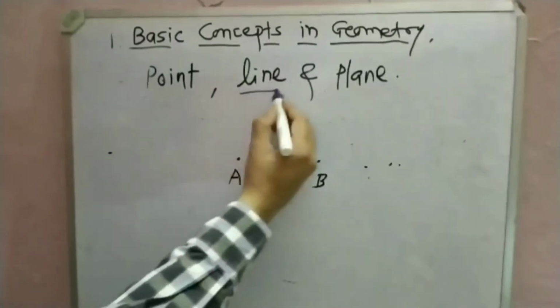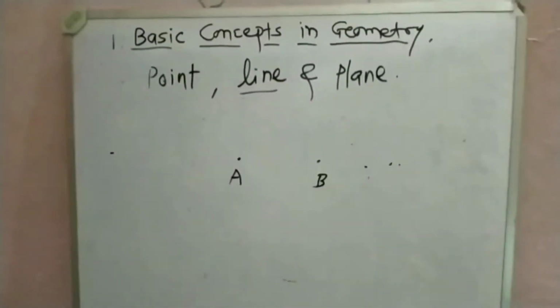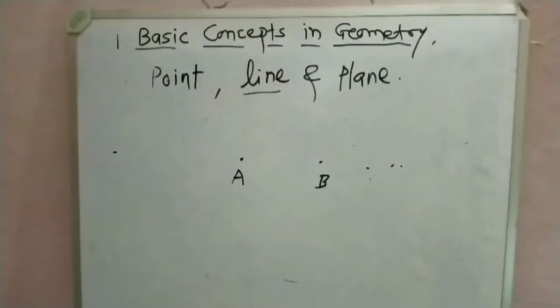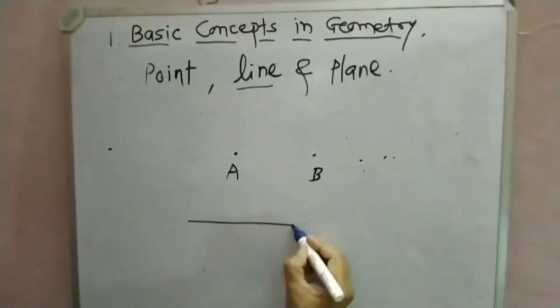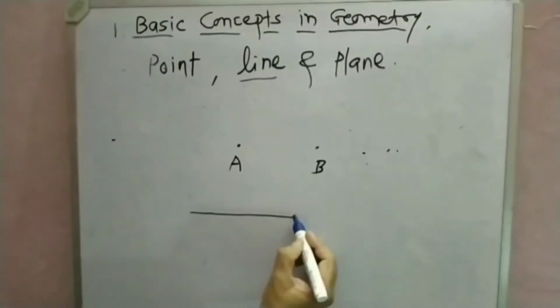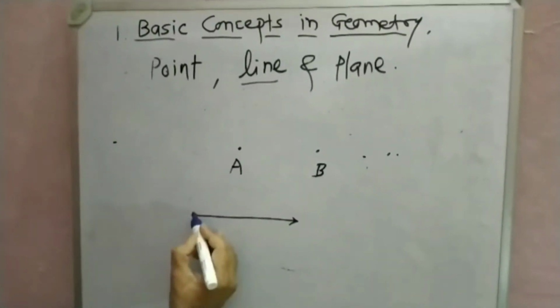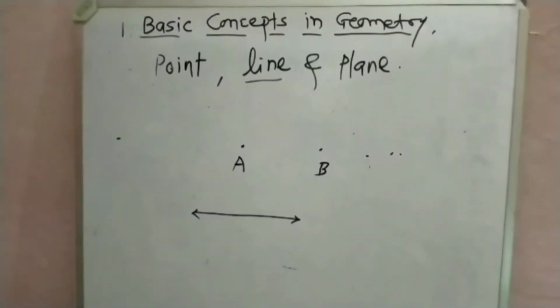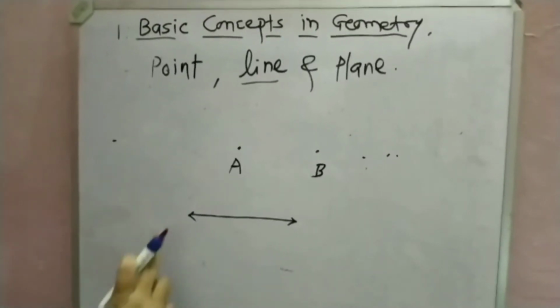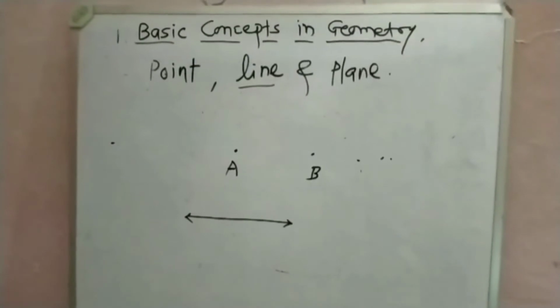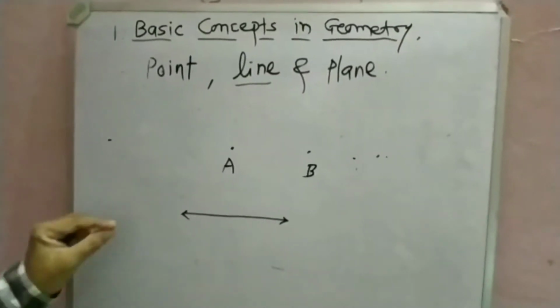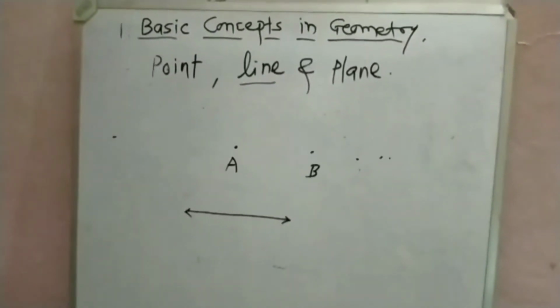Now, what is a line? Actually, line means we learn about a straight line. We draw a line here. When we indicate these two arrows on both sides, then we know this figure is called a line.